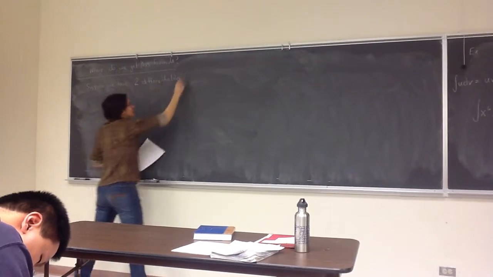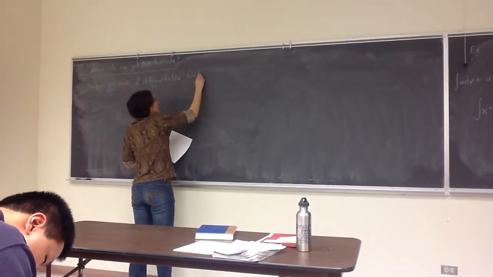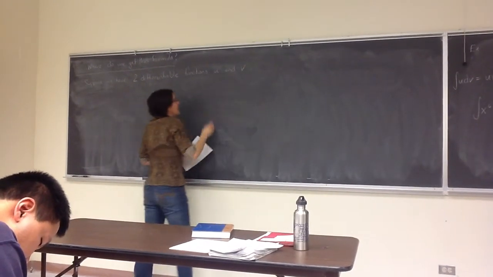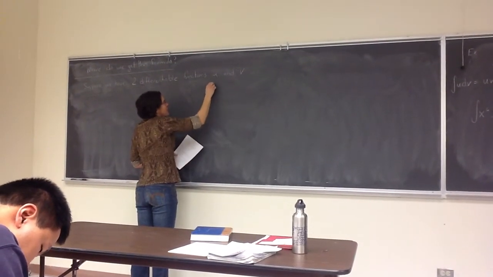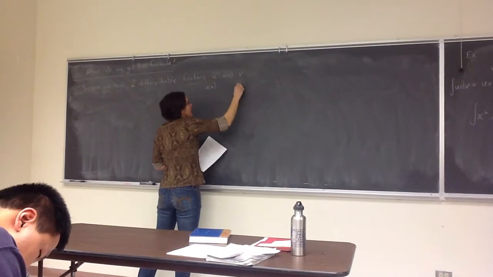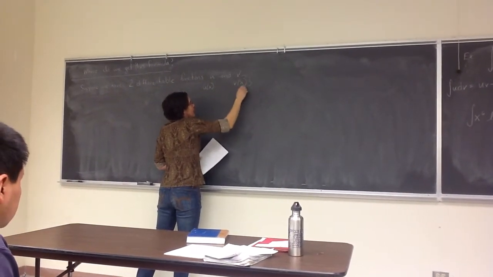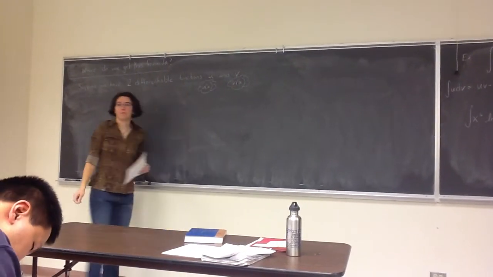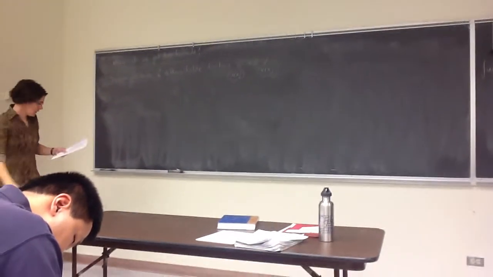So two differentiable functions, u and v. And I'm thinking about u as a function of x and v as a function of x. But I'm never going to write v of x and u of x. I'm just going to write them as u and v. So we have two differentiable functions.